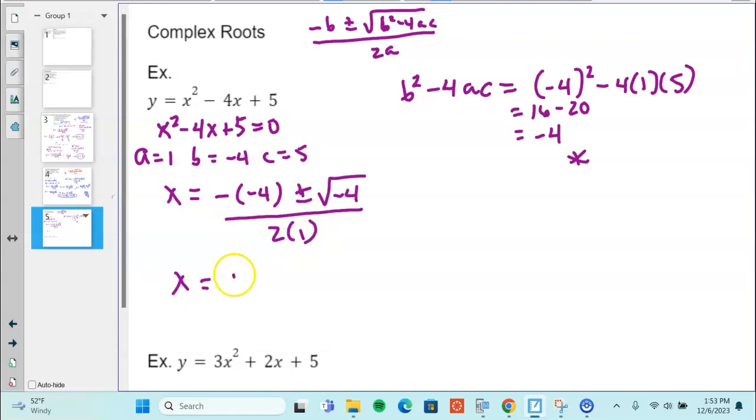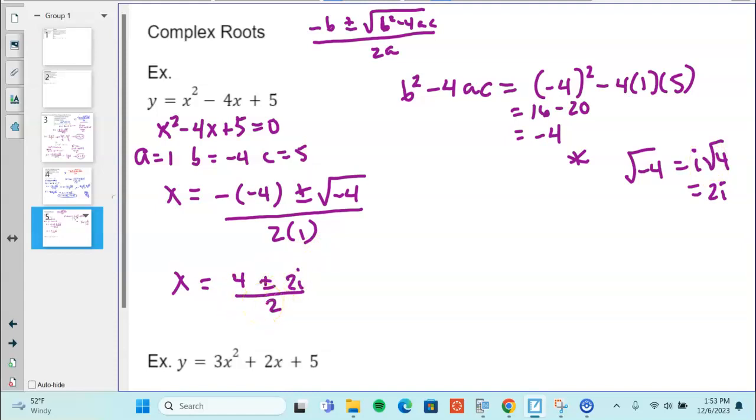All right, negative of -4 is 4. Square root of -4, let's simplify that off to the side. Square root of -4 is i times the square root of 4. That's 2i.